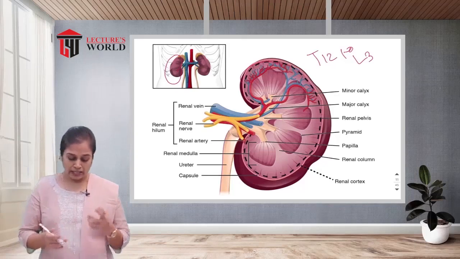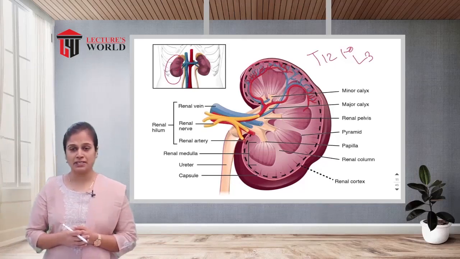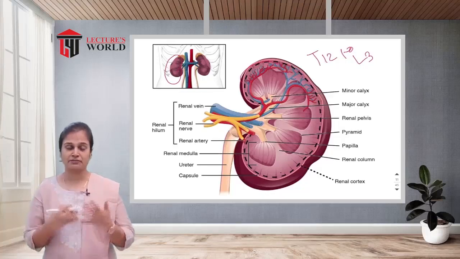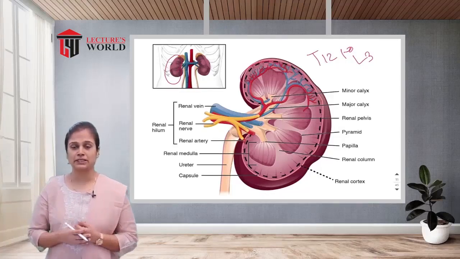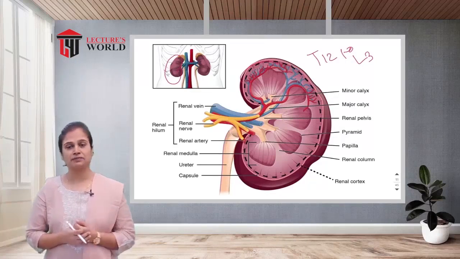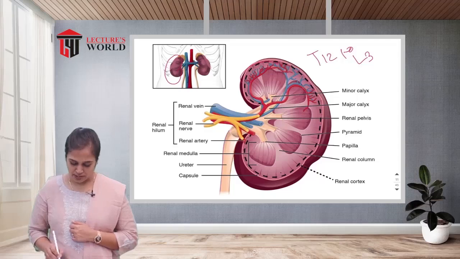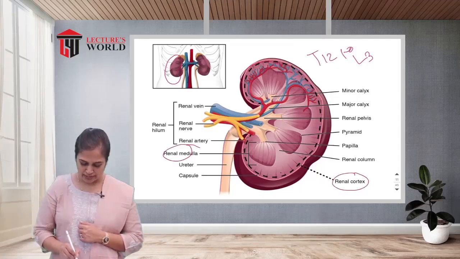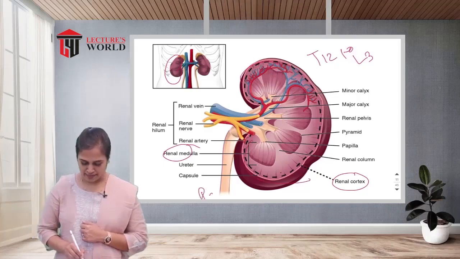fascia. The internal anatomy of the kidney is what we visualize when we take a section of the kidney. Internal anatomy of the kidney is divided into the renal cortex and the renal medulla, and both make up the parenchyma.